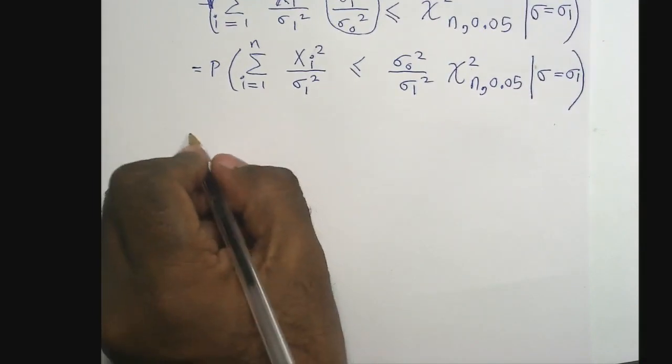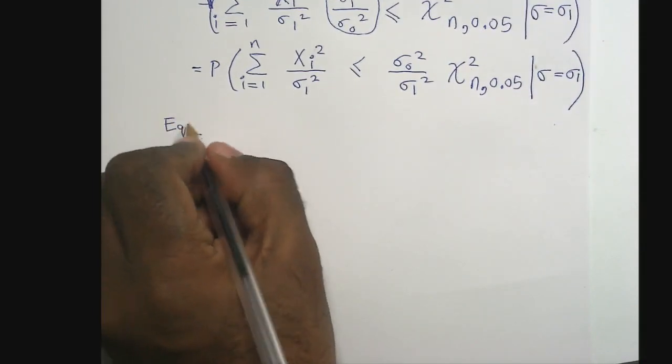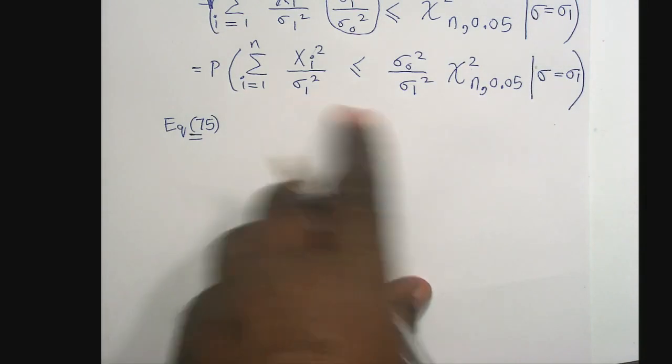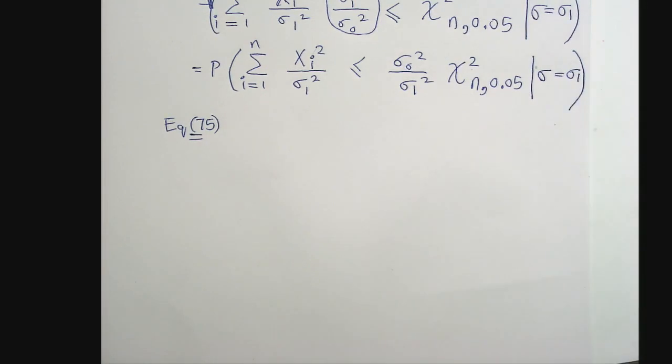Now once again, by equation 75 in the printed notes, because we are conditioning on the fact that the true sigma is equal to sigma 1, this must have the chi-square distribution.